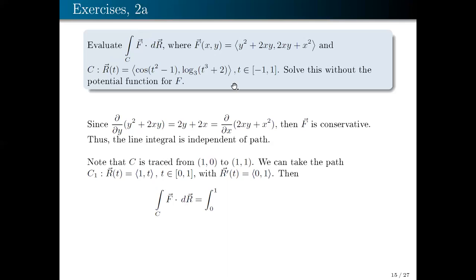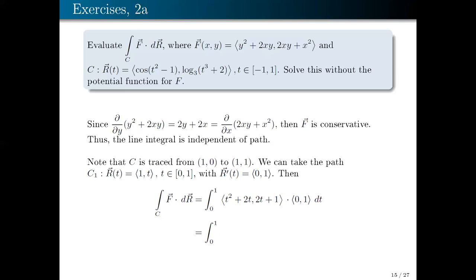So we replace x by 1, and y will be replaced by t. When we do that, we get the following: t squared plus 2t and 2t plus 1, and then take its dot product with r prime. And then the rest will be hopefully easy for us.